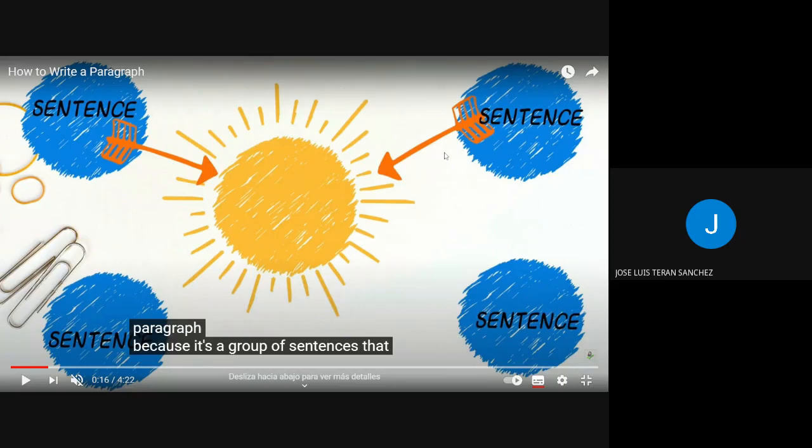If you make a paragraph that has more than 6 sentences, usually it is not correct because it tends to make the text too dense the moment you start reading, and the reader will not understand what you wrote.